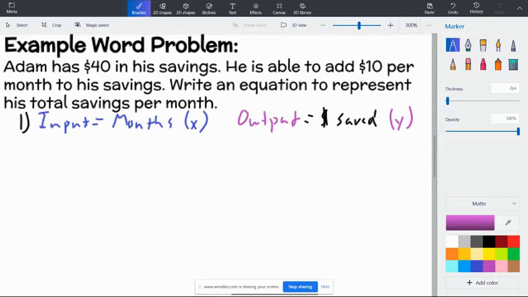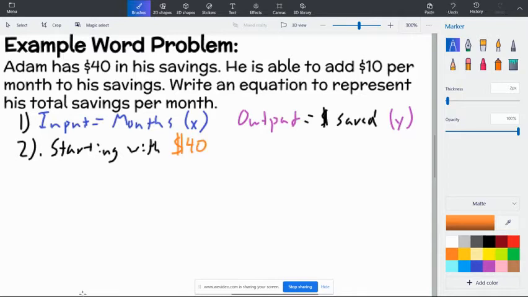The second thing we want to look at is our starting amount. So remember, we're identifying our starting amount there. In this problem, it's really easy. It tells you Adam has $40 in his savings. That's what he starts with. So he's starting with $40.